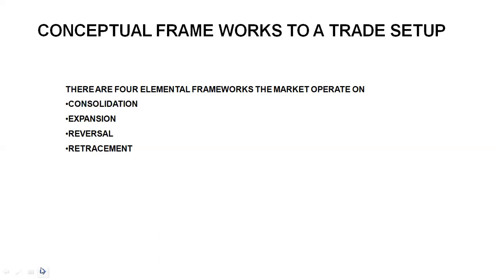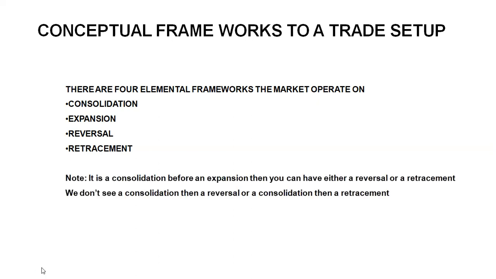We're going to be talking about these four frameworks so that we can understand how to navigate when we see such setups. Now, before we classify each of them, you must note that there is a consolidation before an expansion, right? If you're looking at the operation of the market frameworks, you see a consolidation before an expansion. You can't see consolidation before a reversal. You can't see consolidation and then a retracement.